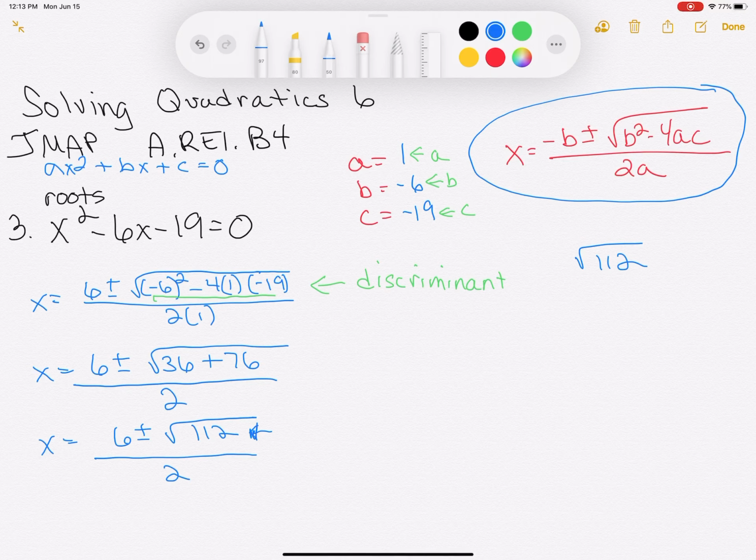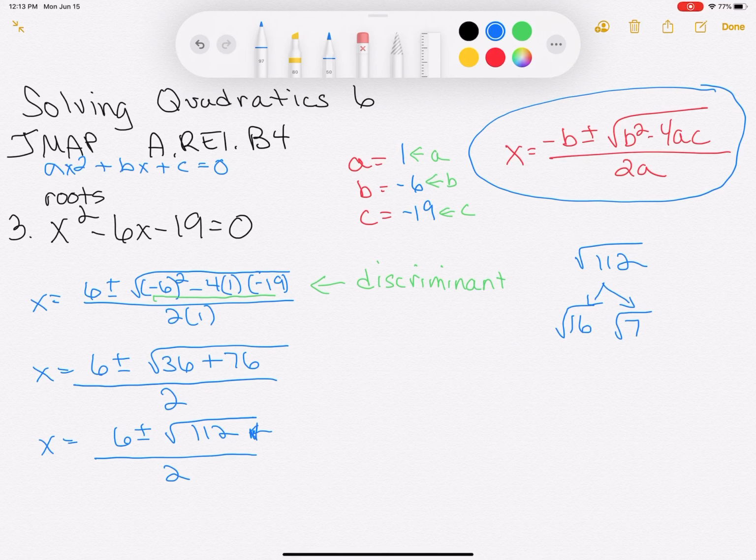I have the 112 taken to the side, and I need to find the largest perfect square that goes evenly into 112. And this is just a matter of trial and error. You have to just go through this process to make sure you get the simplified answer. So 112 actually has a perfect square as a factor, which is 16, and 16 divides evenly into 112 7 times.